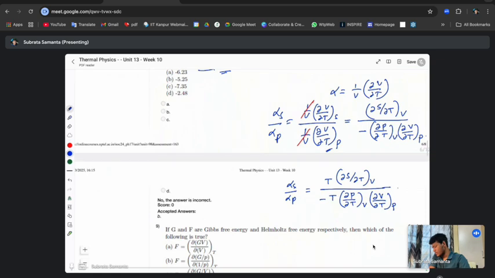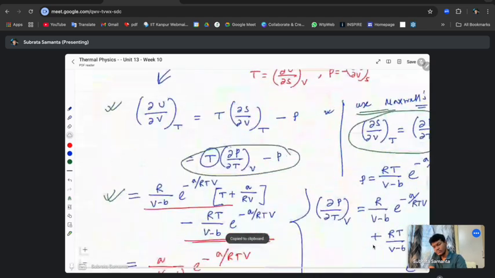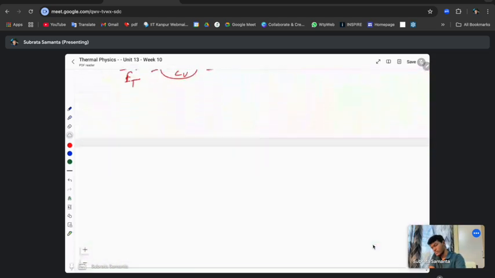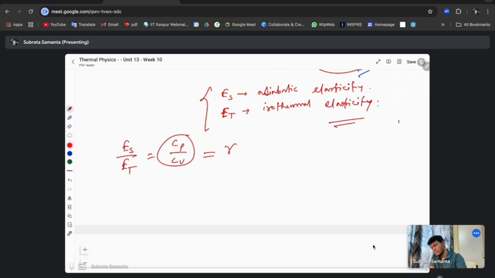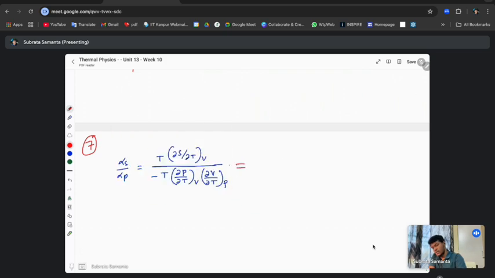Once you use the Maxwell equations, the upper one is basically your Cv, and the denominator is basically Cv minus Cp, because Cp minus Cv is this, T del P del T at constant V times del V del T at constant P, right.